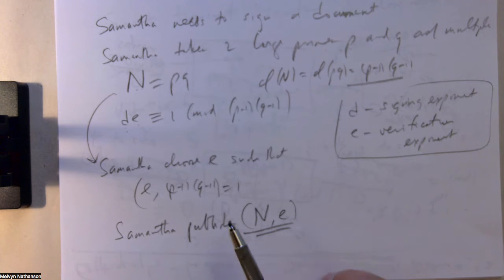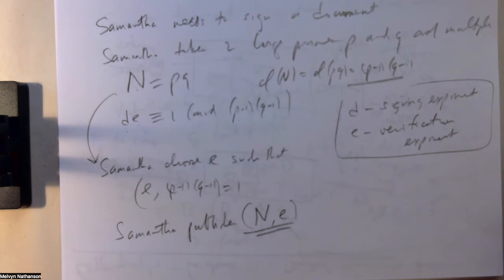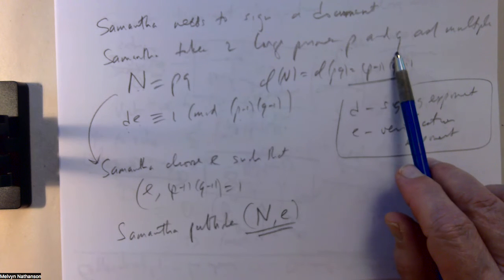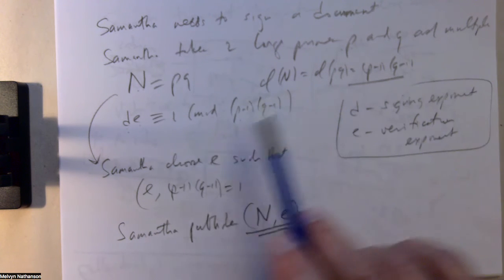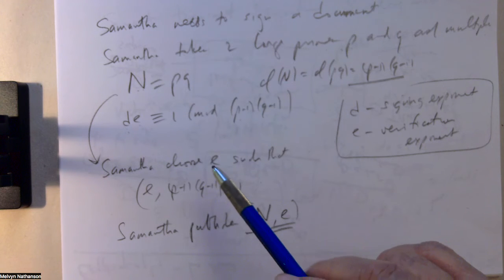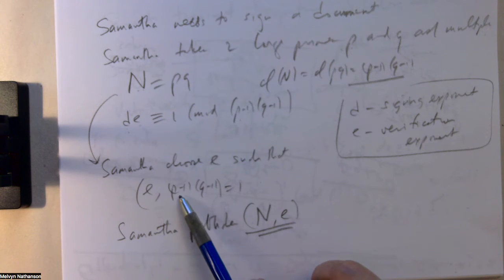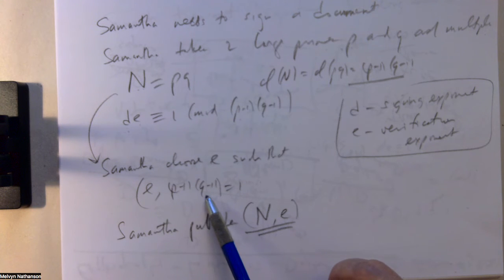So the way you do it is the following. The way Samantha does it is the following. In the RSA digital signature method, you take two large prime numbers, P and Q, and you multiply them, and you call the product capital N. Samantha knows P and Q, so she knows P minus 1, Q minus 1.